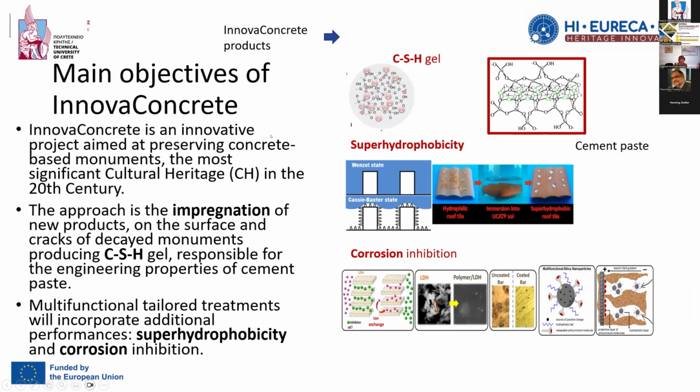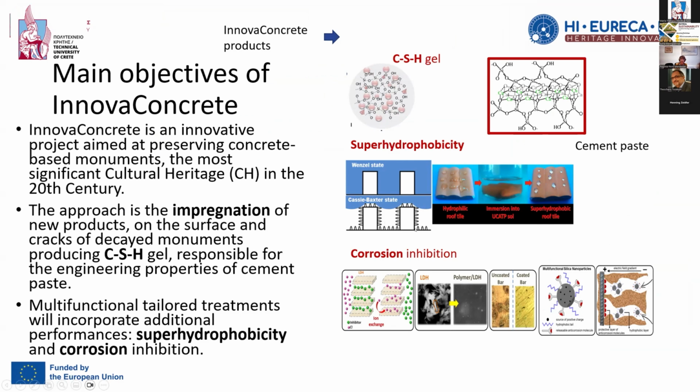Therefore, one of the main objectives of this Horizon project that finished in 2022 for the conservation of the 20th century cultural heritage of concrete was to propose some impregnation treatments.